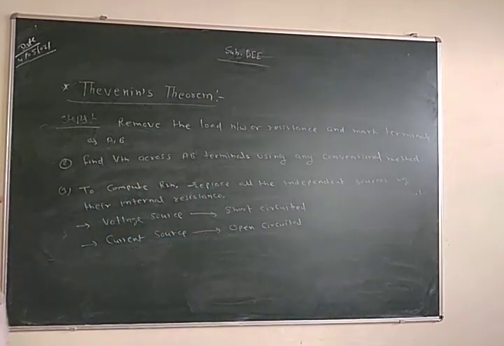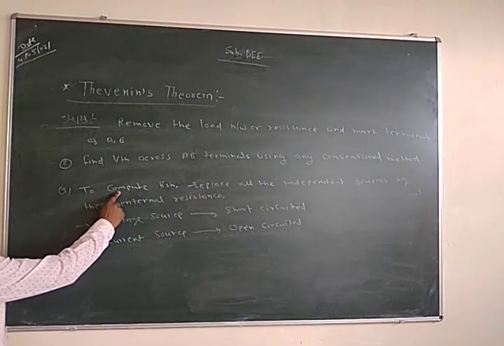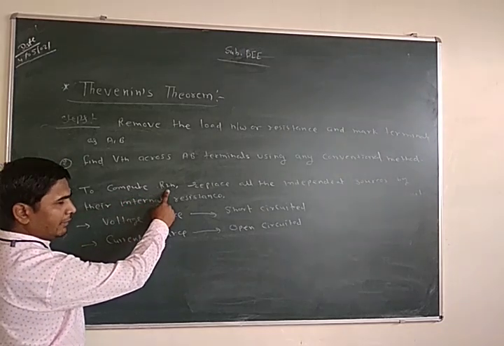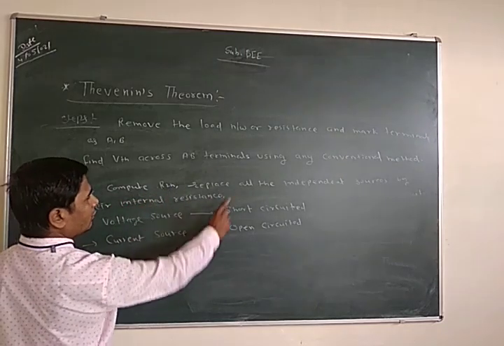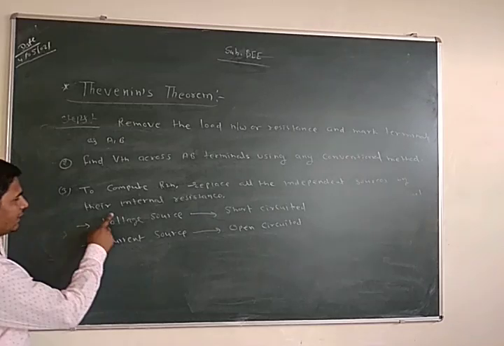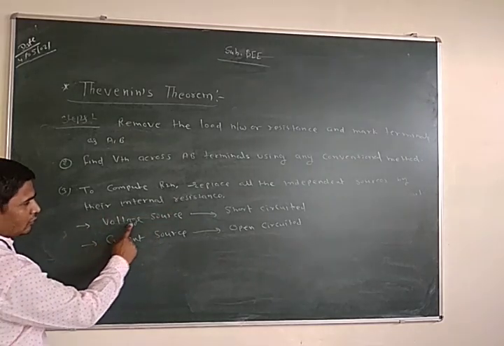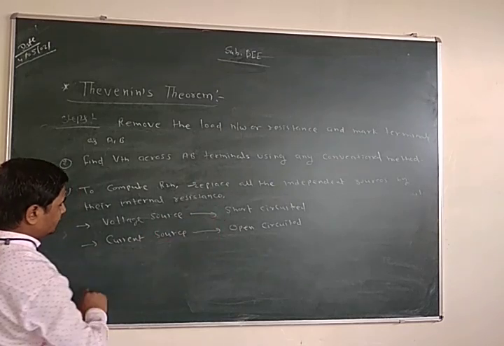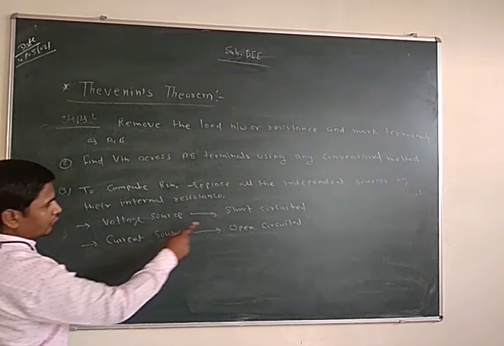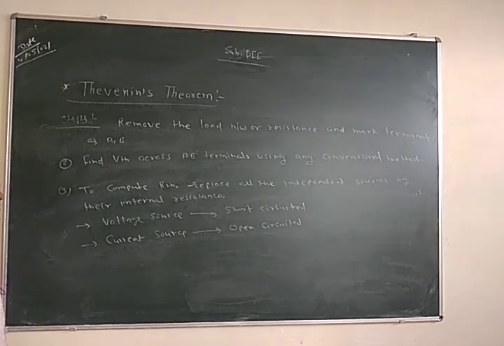When we compute RTH at AB terminals, we replace all the independent sources by their internal resistance. Simply, if there is a voltage source, we short its terminals, and if there is a current source, we open its terminals, or simply we remove the source.